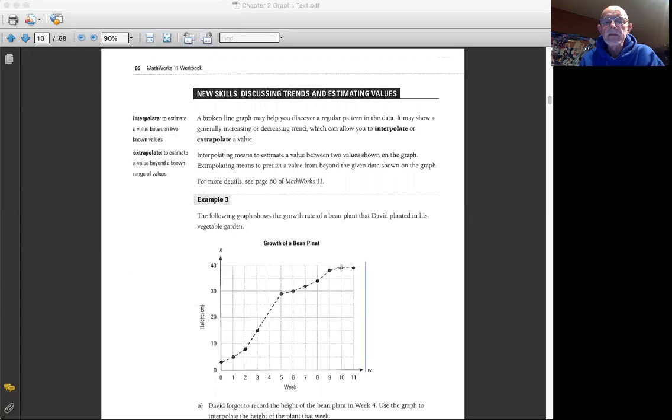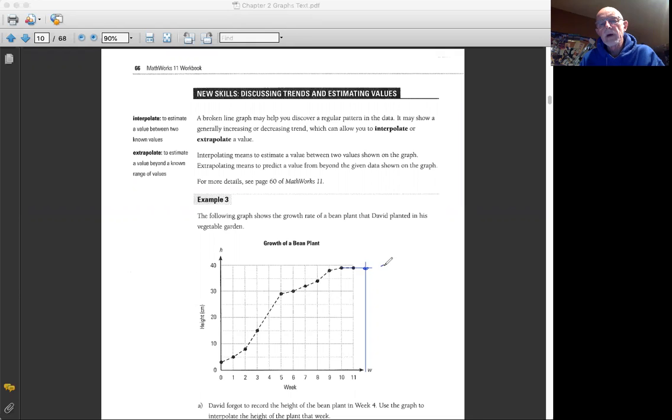So if I connect these two data points and I continue on, where those cross is going to be the likely position of my extrapolated data point here. Now you'll notice that it is not yet at 30 centimeters or 40 centimeters.